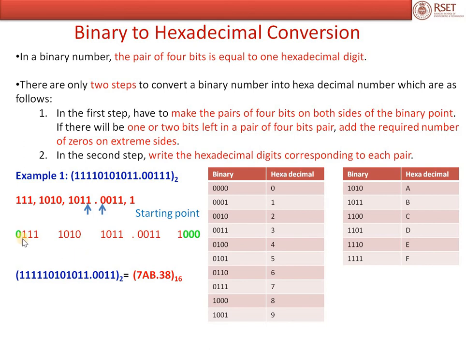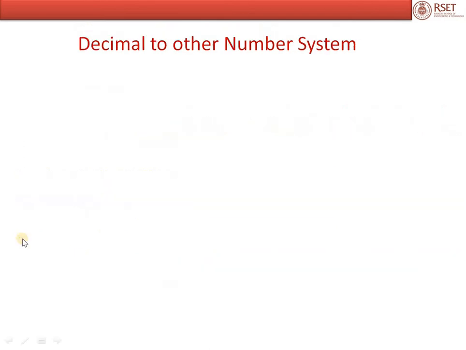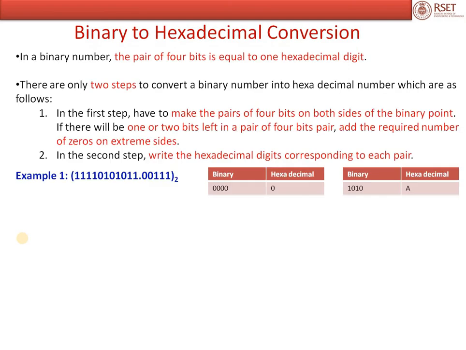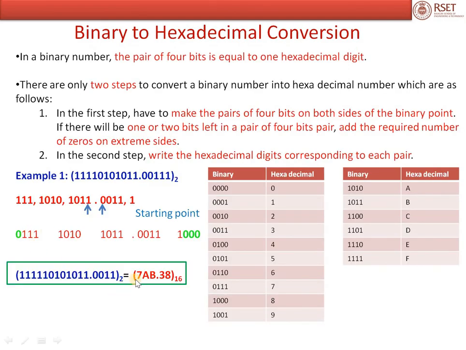This indicates 7. This indicates 7. This indicates A. This indicates B. This indicates 3 and this indicates 8. So this is the conversion of binary to hexadecimal.